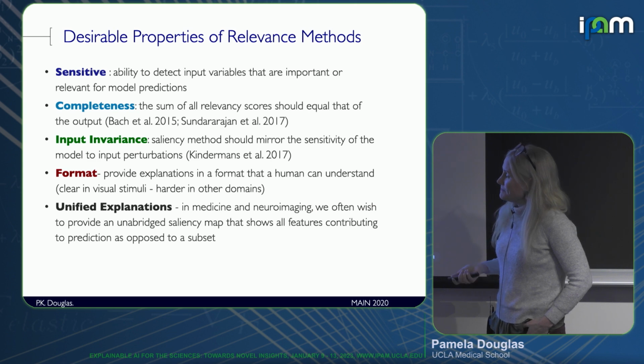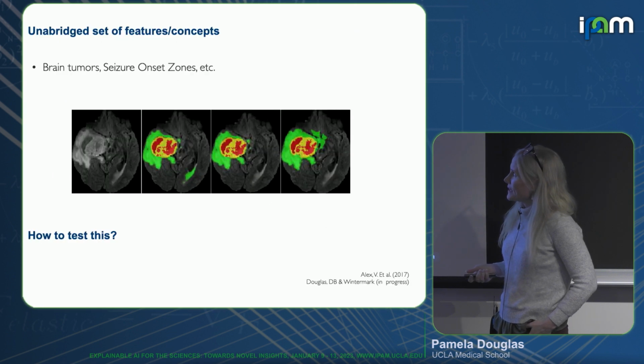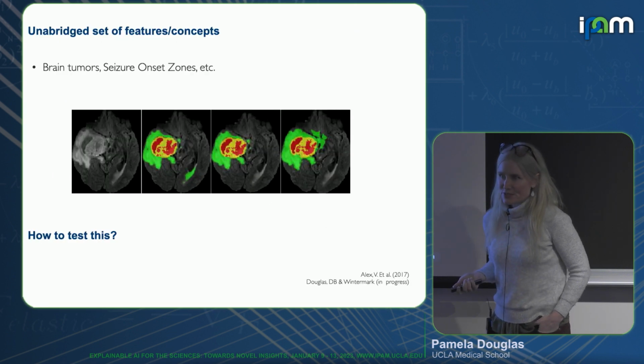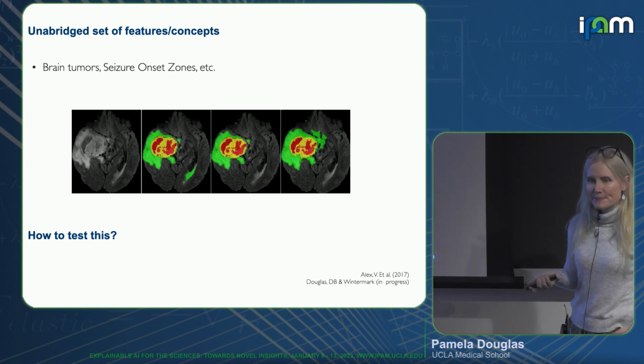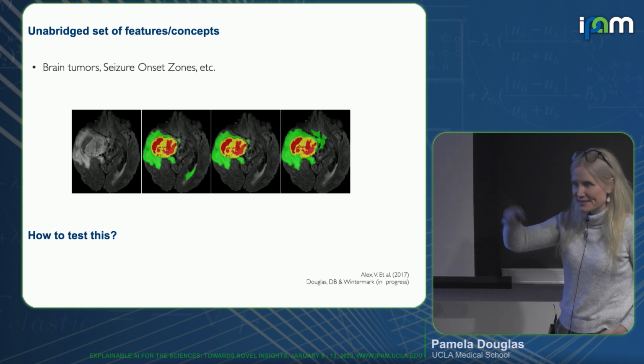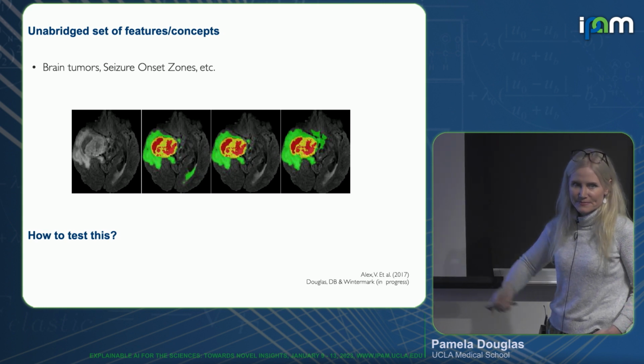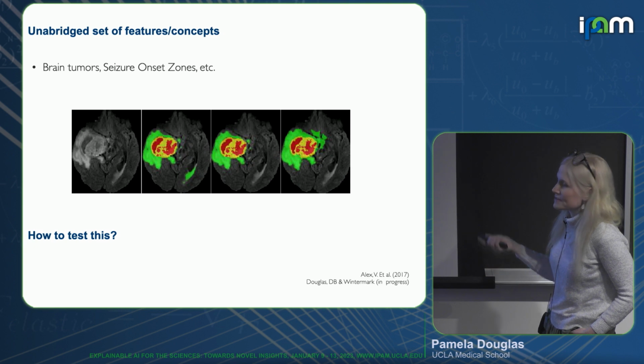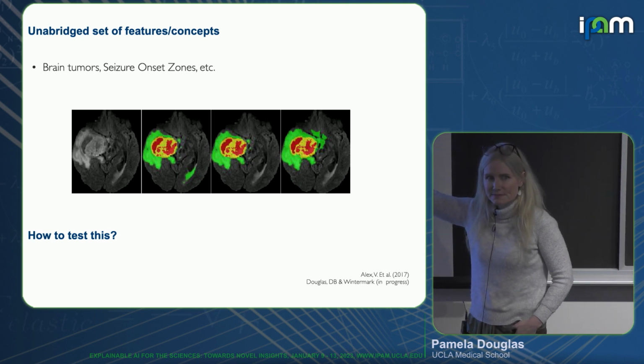So, for example, going back to the brain tumor, it might be easy in the case of a brain tumor to just run some sort of edge detection, find the borders of the tumor, and say everything inside is part of the brain tumor. So that's easy. But what about seizure onset zones?